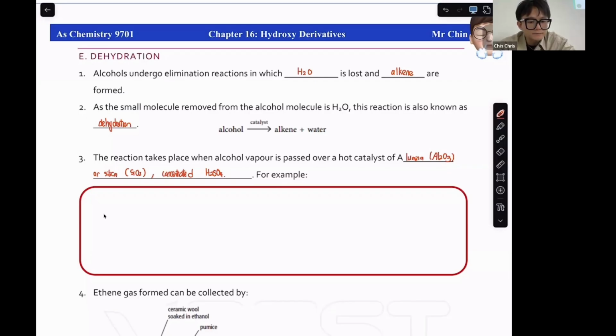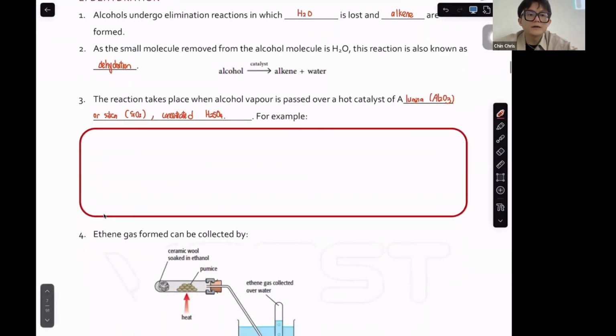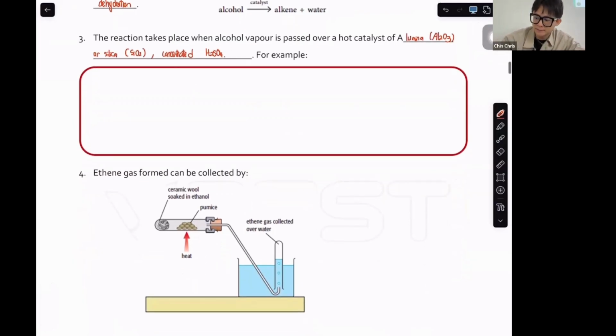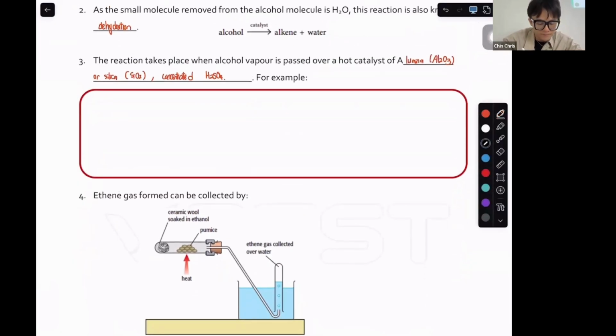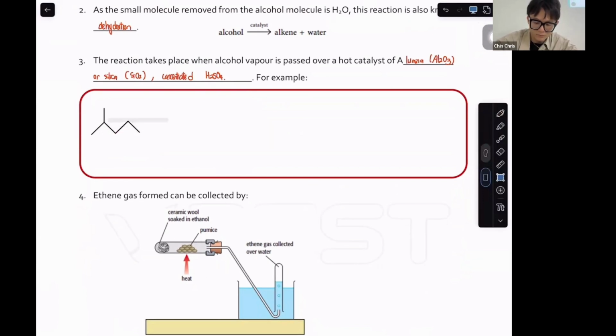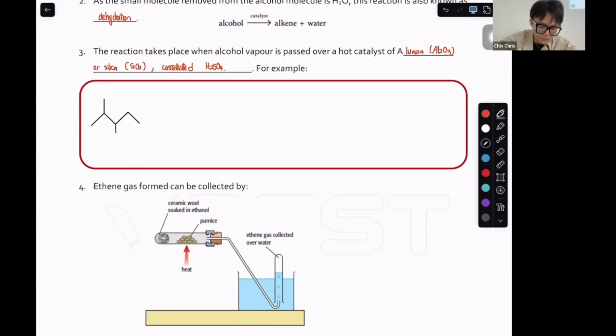Alright guys, nice. Alright, let's say if I have an alcohol that looks something like this, and I'm trying to dehydrate it with a concentrated H2SO4.